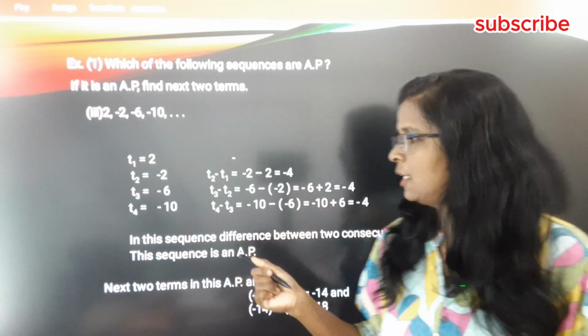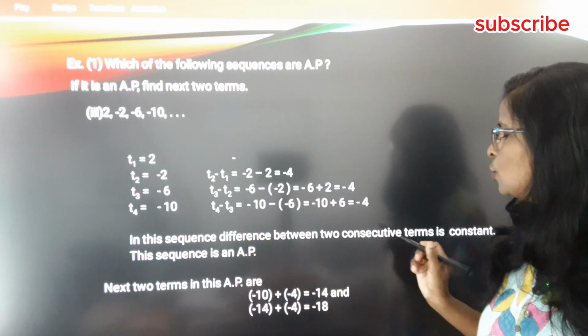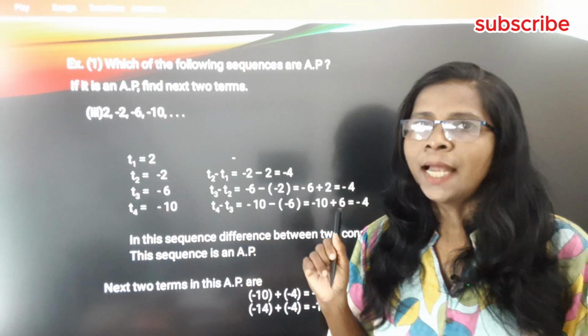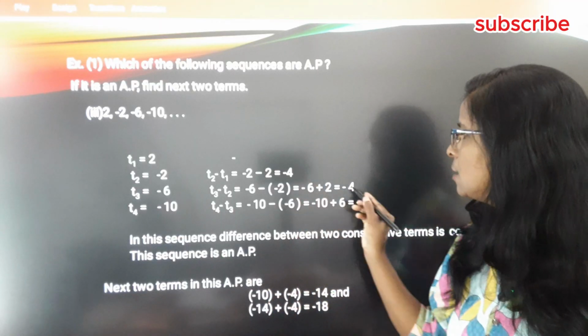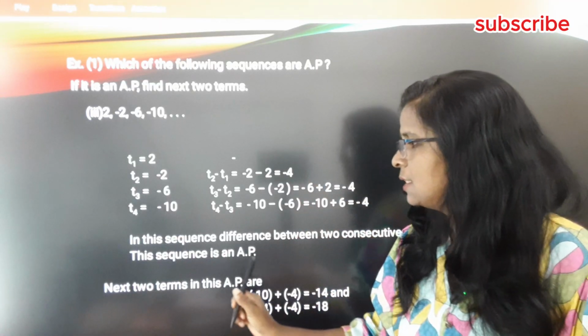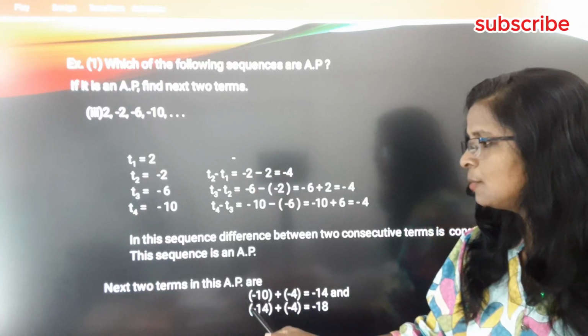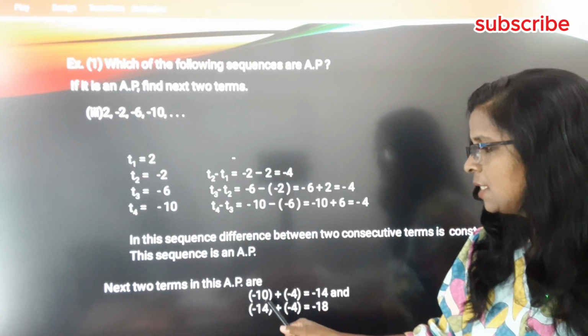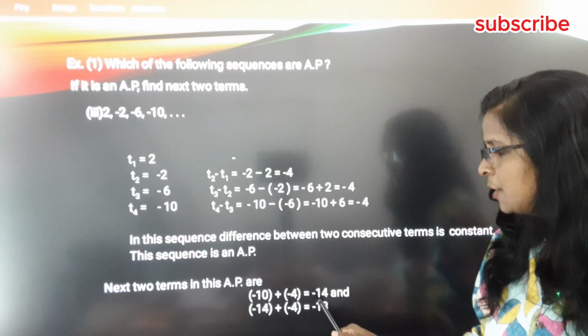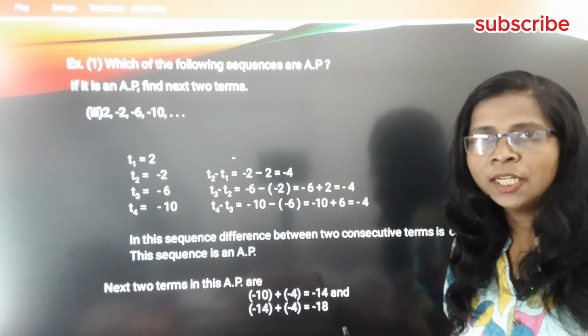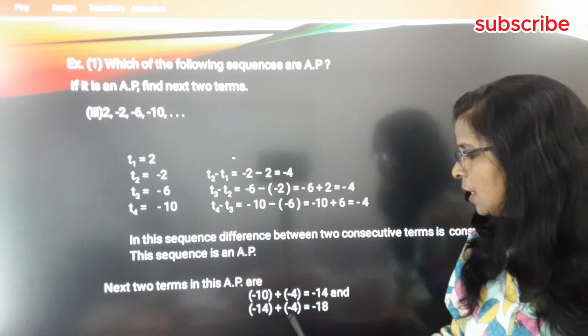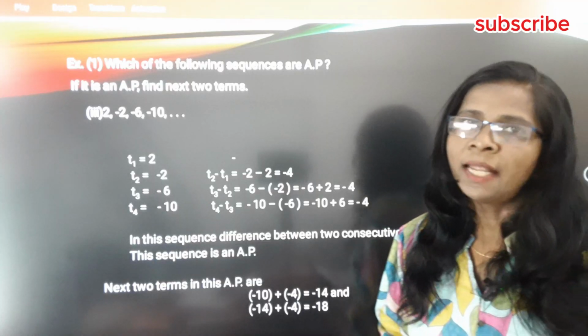So in this sequence, the difference between two consecutive terms is constant, that is D is equal to minus 4. So this sequence is an AP. So the next two terms in this AP are minus 10 plus minus 4 is equal to minus 14, and minus 14 plus minus 4 is equal to minus 18.